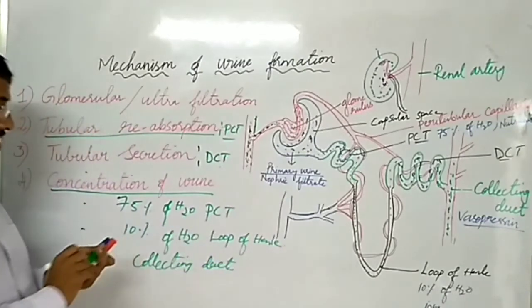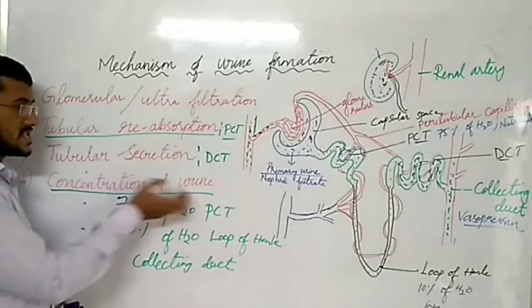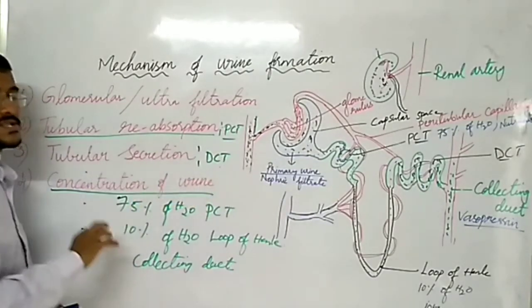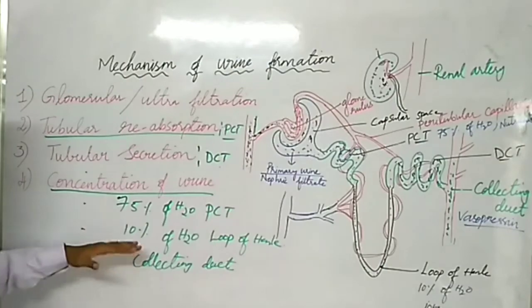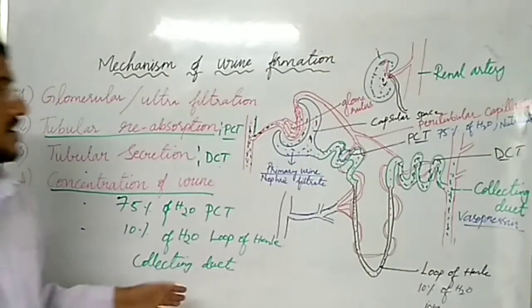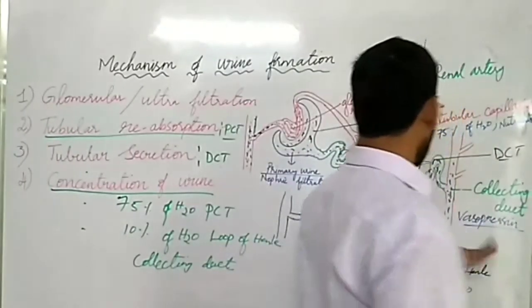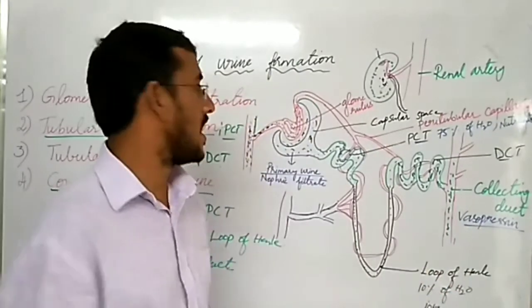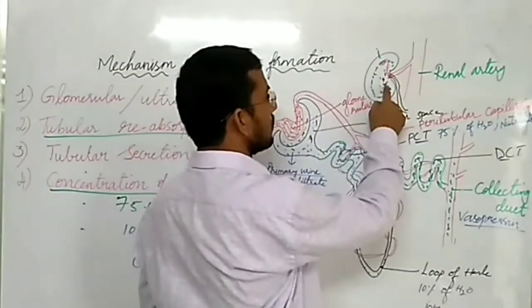So here what is happening? Urine is concentrated, meaning extra water is absorbed. Understood? And the remaining what we get is urine, and that urine enters into the pelvis region.